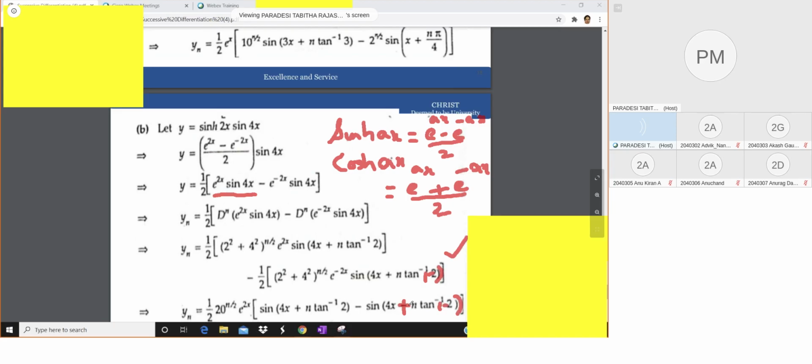E power -2x, how did it come out? One second. E power 2x came for the first term, and then e power -2x for the second term. No, it's missing.